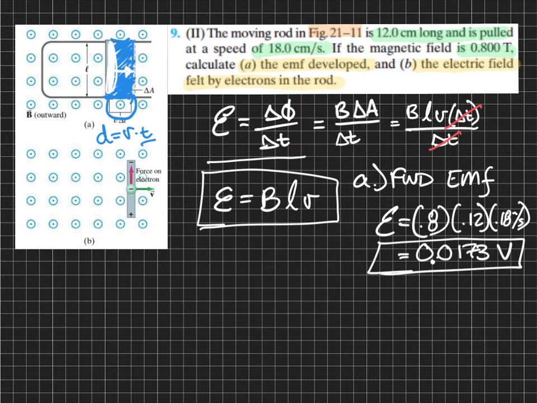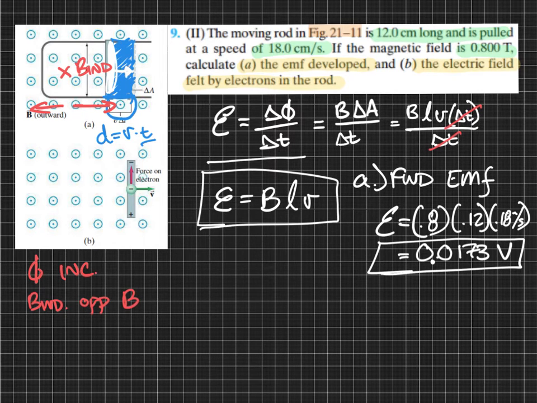Now, as we're working through this problem, we need to understand which direction the current is flowing. Is current flowing in this direction or this direction? Our flux is increasing, because our area is getting bigger. That means that the B induced has to be opposite B. So B induced would point into the page, whereas the B that is there is pointing out of the page.